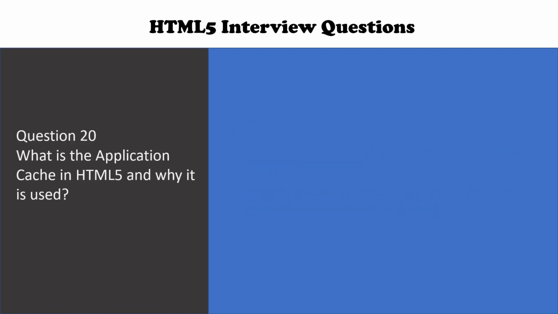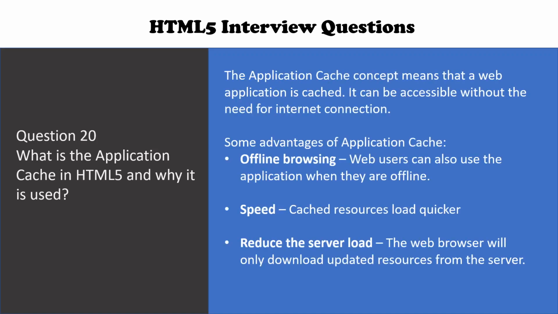Our last question is, what is the application cache in HTML5 and why is it used? The application cache concept means that a web application is cached. It can be accessible without the need for internet connection. Some advantages of application cache are offline browsing.